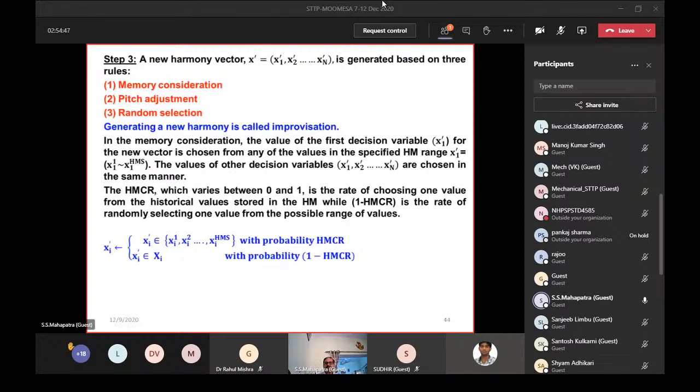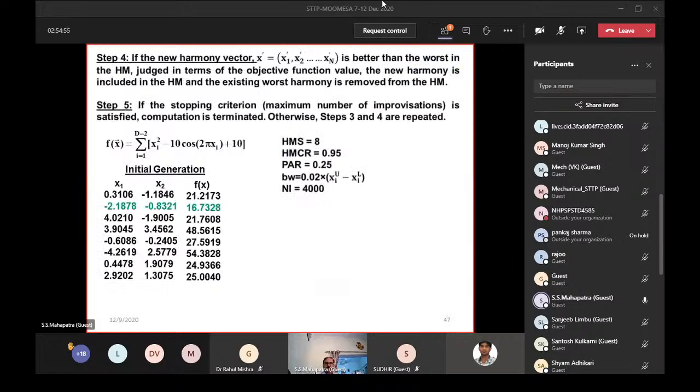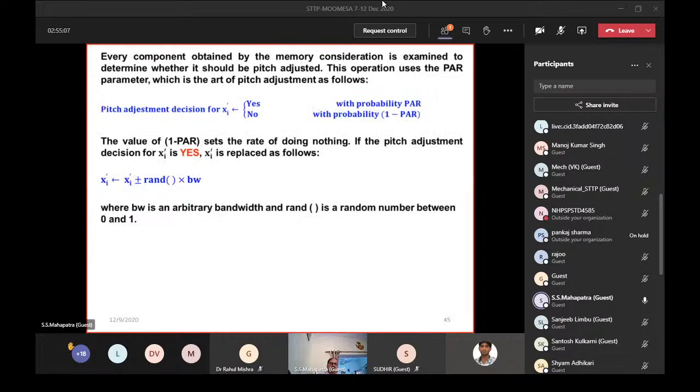There is only 5% chance you choose a new value within the variable range of xi. Similarly, pitch adjustment rate, whether you require pitch adjustment or not, is given as 25%. So 25% of the newly generated values will need the pitch adjustment, or 75% will not need the pitch adjustment.